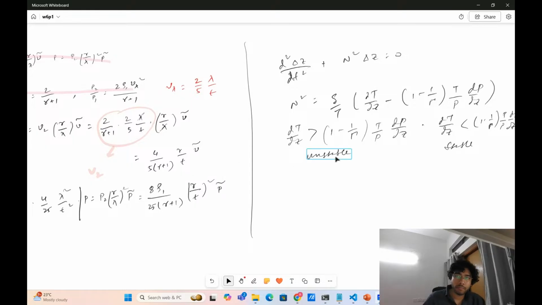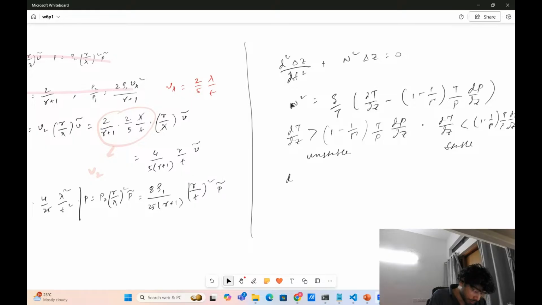Now let's consider this stable system first. If dT/dz is less than this, then this is greater, so this whole term becomes negative. So N squared is negative.